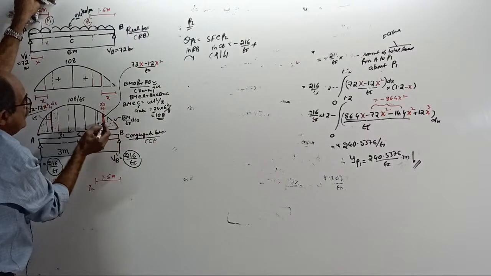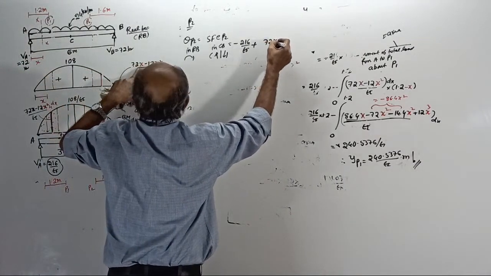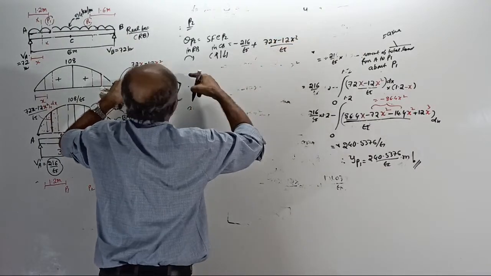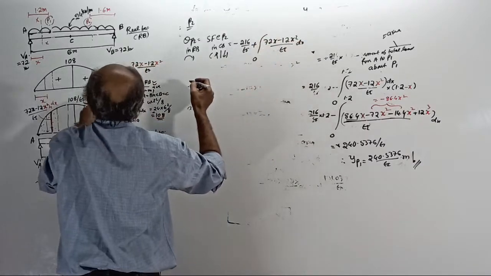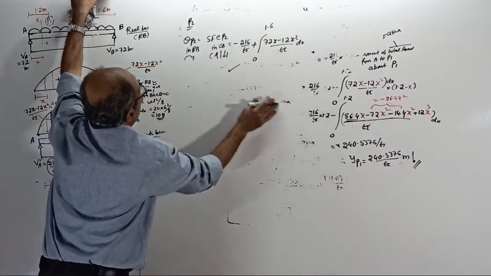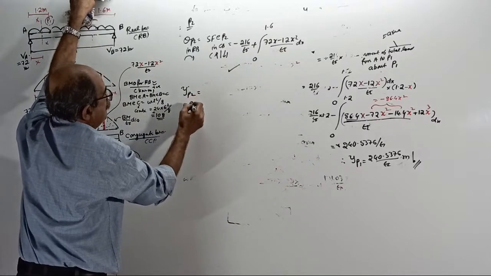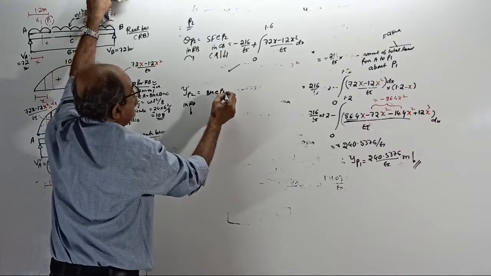That much load is this area. What is the area? 72x minus 12x square by EI dx. That one integrate from 0 to 1.6. Get the answer.